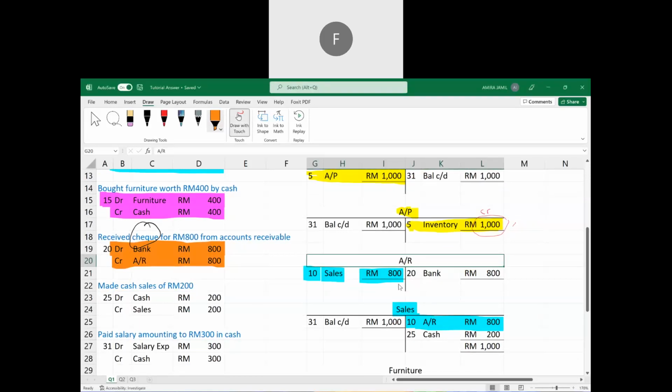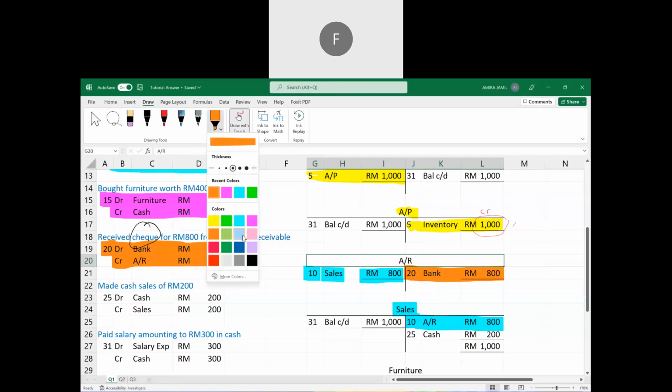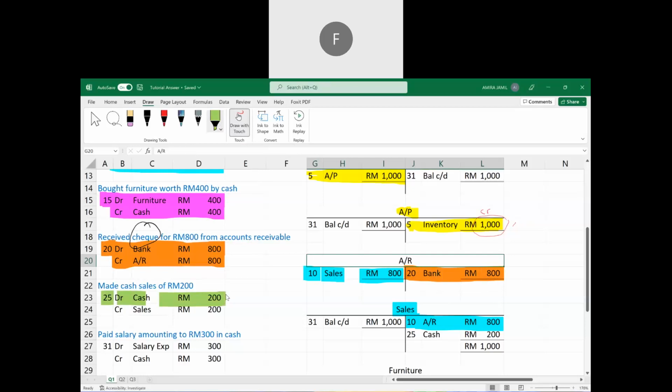Okay. And then account receivable 20 hari bulan 800 di sini. Orange color. Okay. So you have balance lah. And then we made cash sale of 200. Jadinya kita kena debit cash, sebab kita buat cash sale, and then kita credit sales 200.